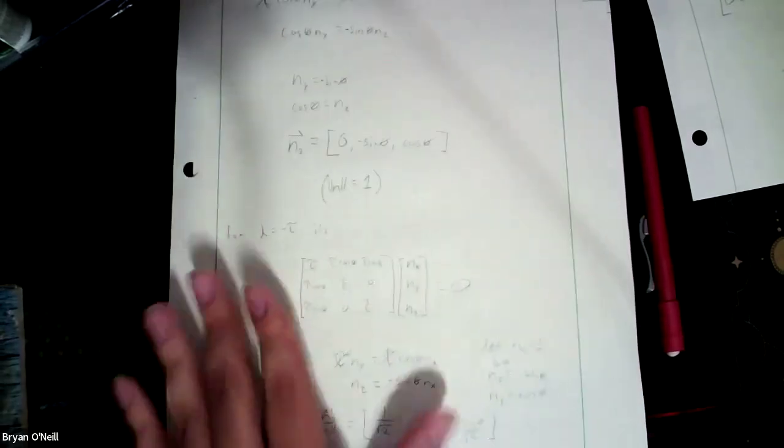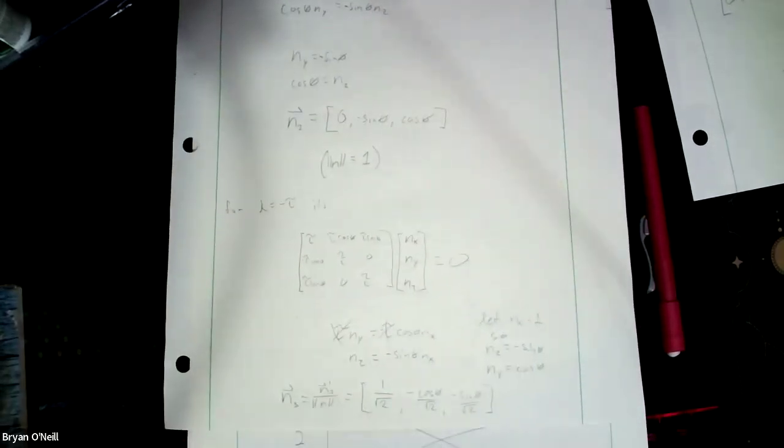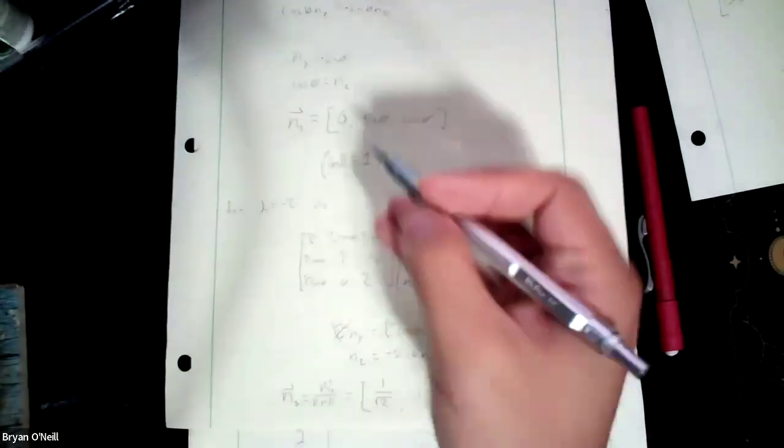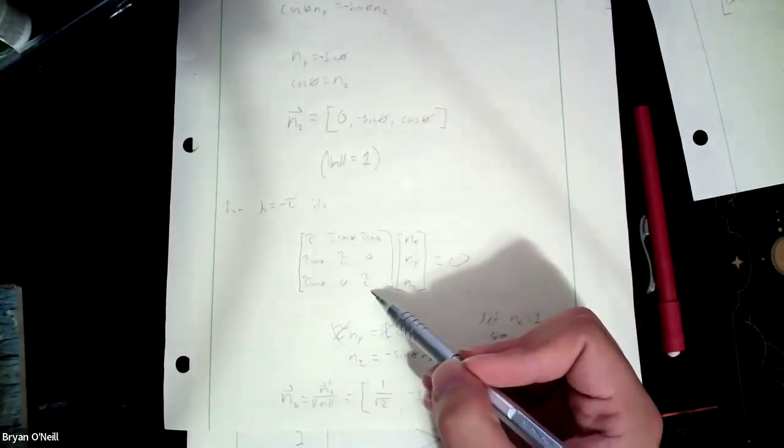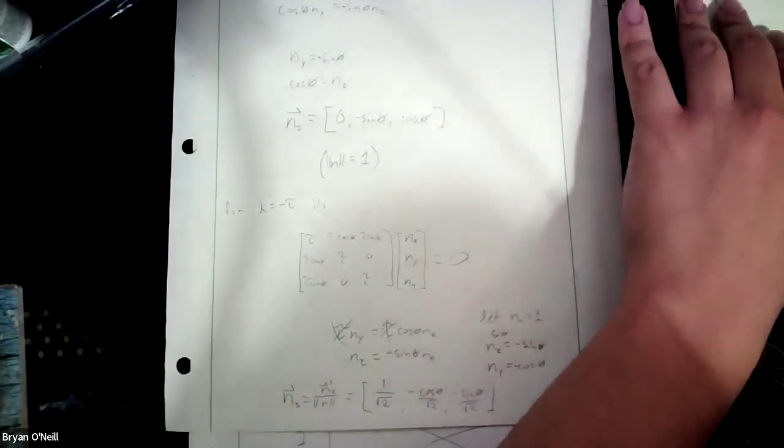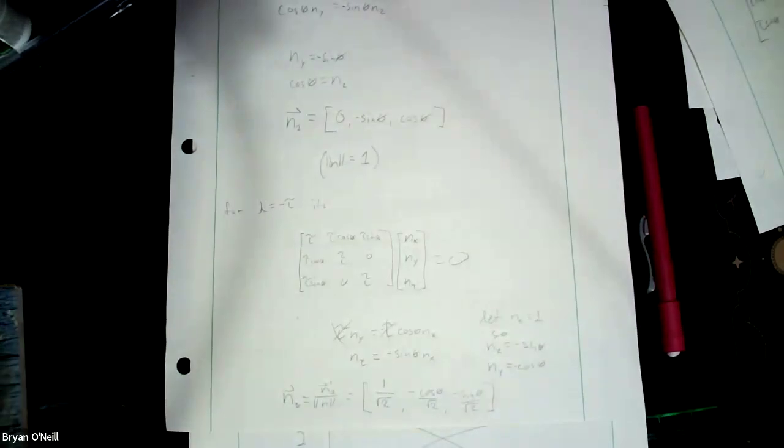And now we do the last one. For the final eigenvalue, this time, let's see, did I do it right? Is that the right tau? Sure is. Okay, cool. So this time we substitute in negative tau, and we get this resulting matrix, set it to 0.